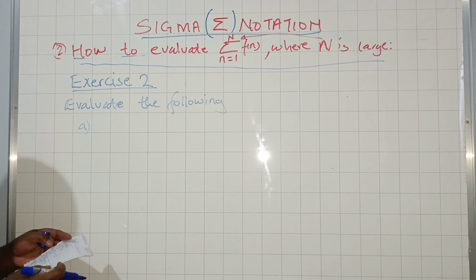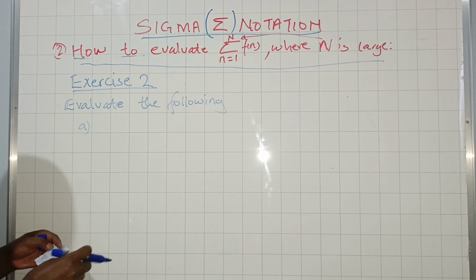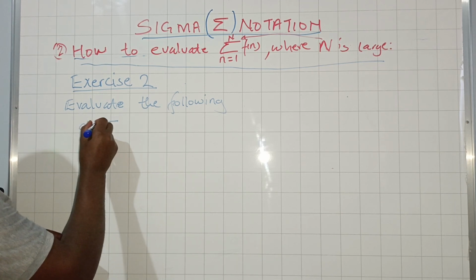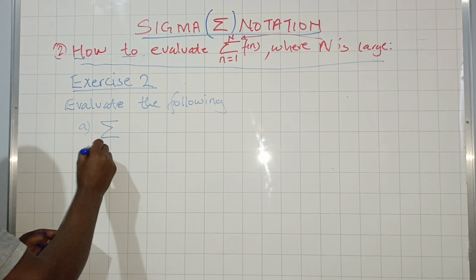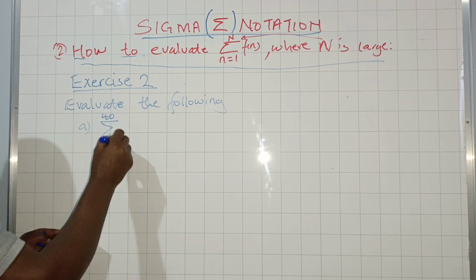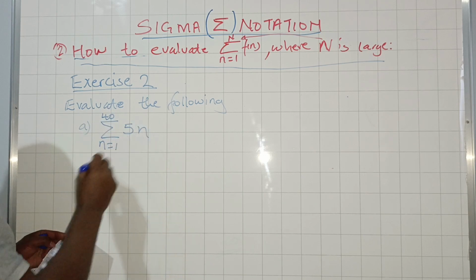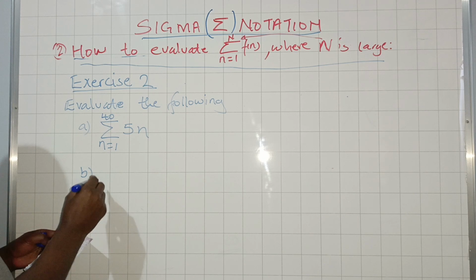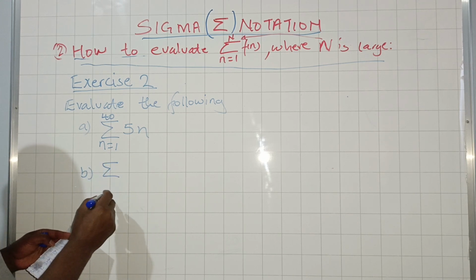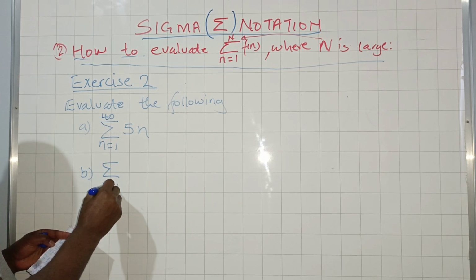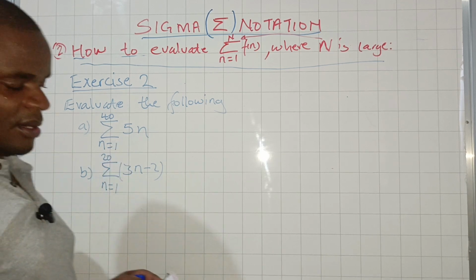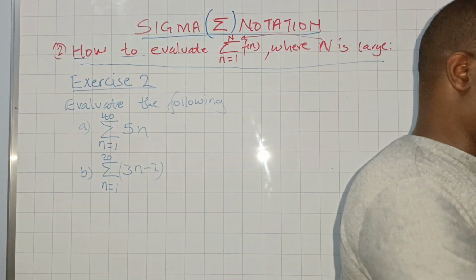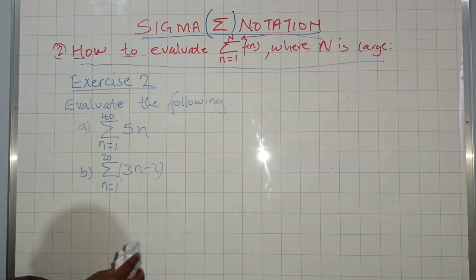A, we are going to have the summation from n equals 1 to 40 of 5n. Then B, we are going to be having the summation from n equals 1 to 20 of 3n minus 2. Work on those and see how it goes.